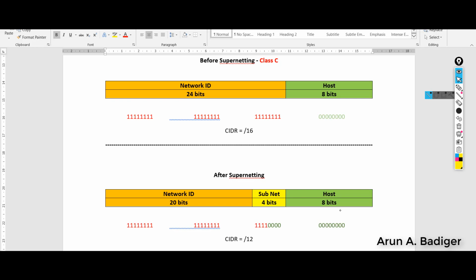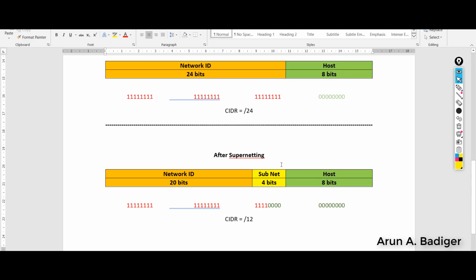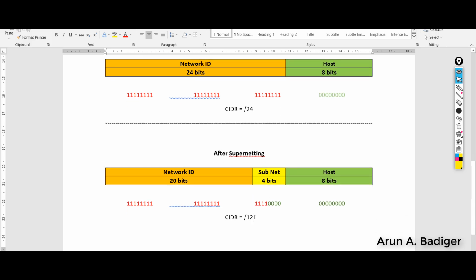In class C we want more hosts, and that can be achieved by supernetting. Again, by supernetting, the number of ones in the mask will decrease. Here we had a total of 24 ones, and now this has decreased to 20.